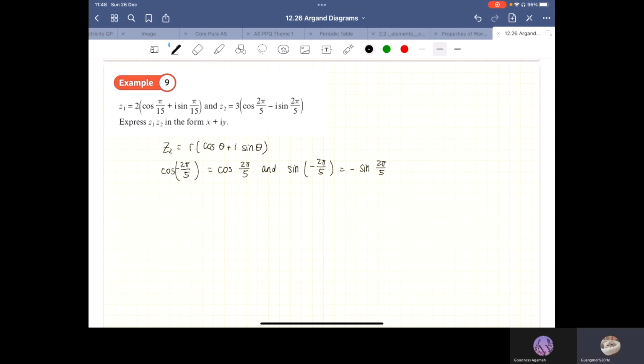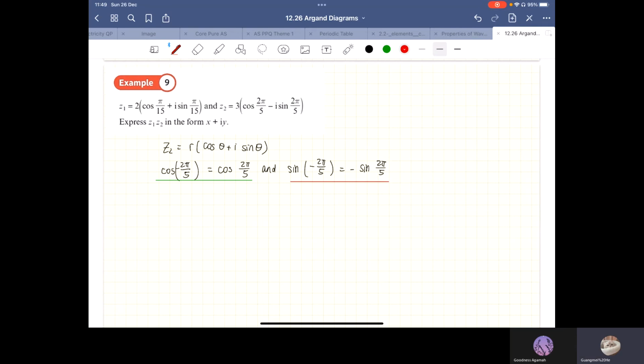This may seem a bit confusing if you've forgotten what we did, I think, last year in IGCSE. You remember the graph for sine and cosine and in which direction they go.